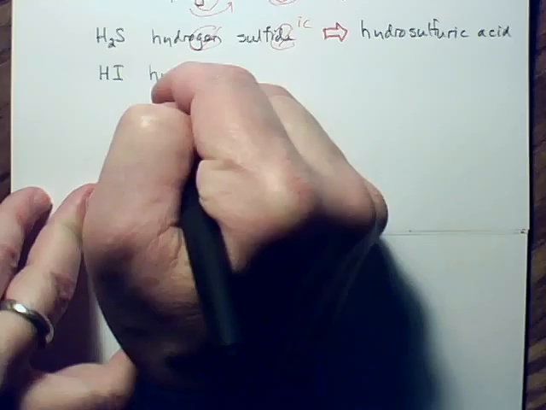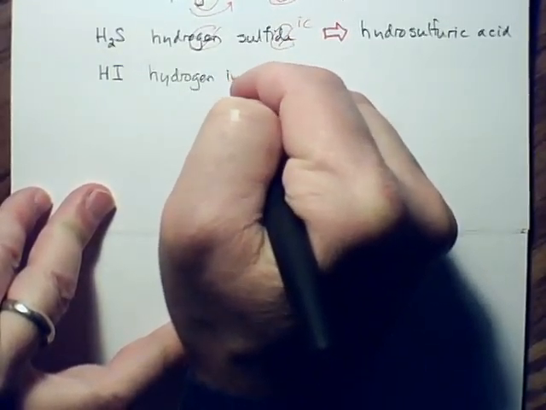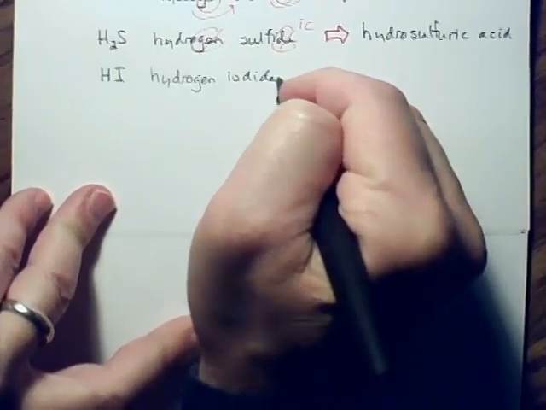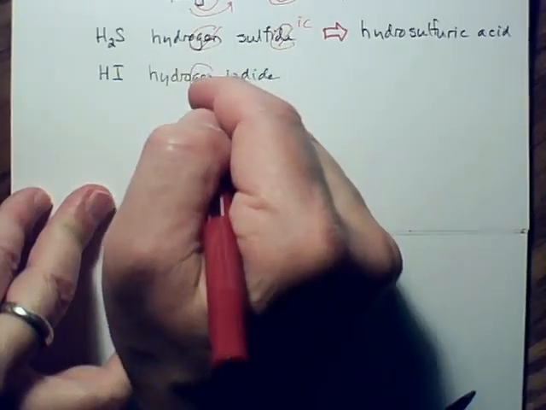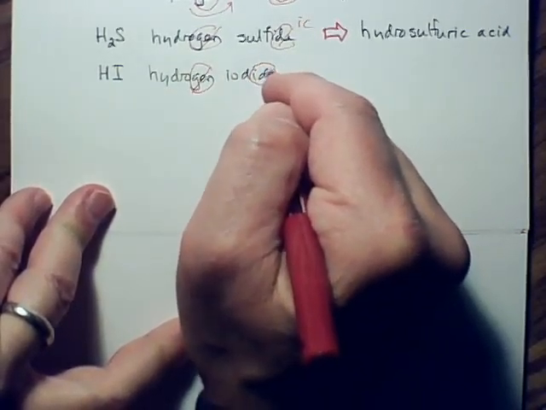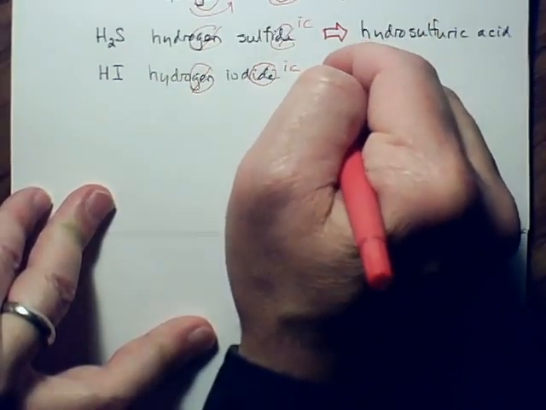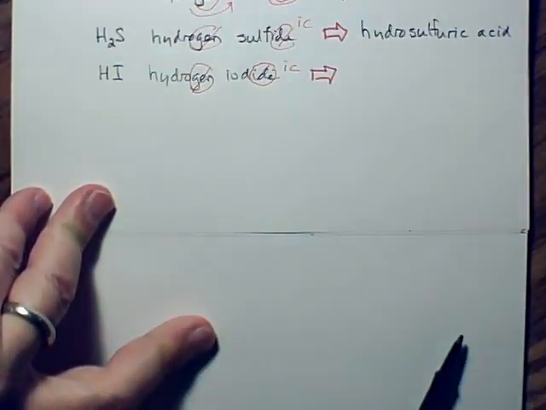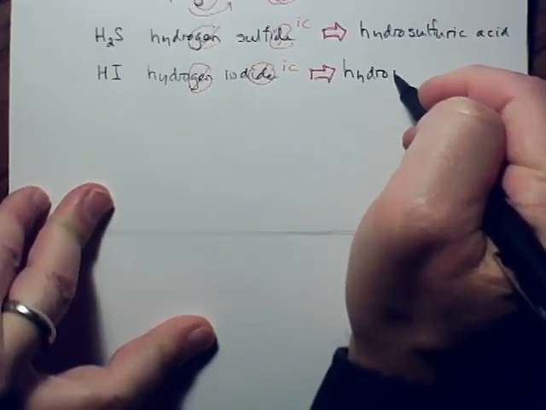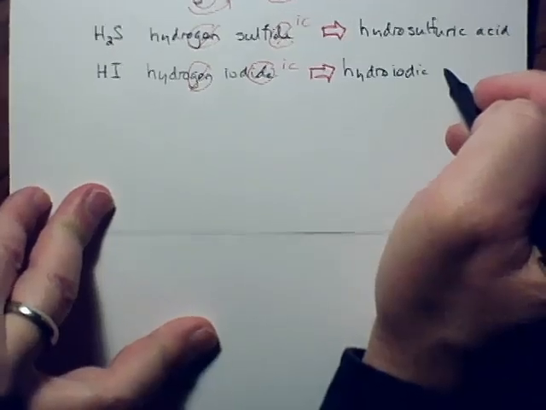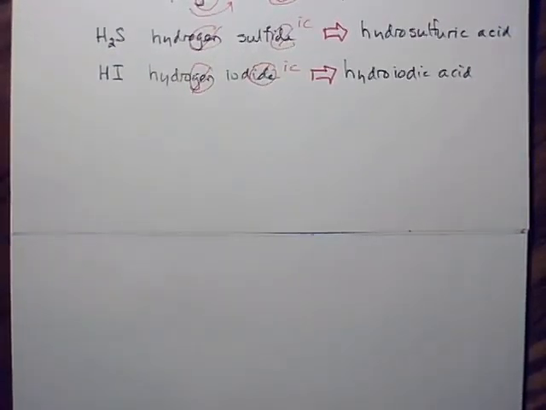That's right. As an ionic compound, it's called hydrogen iodide. To name it like an acid, we get rid of gen, change IDE to IC. Yes, hydroiodic acid.